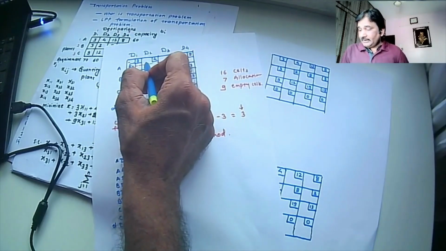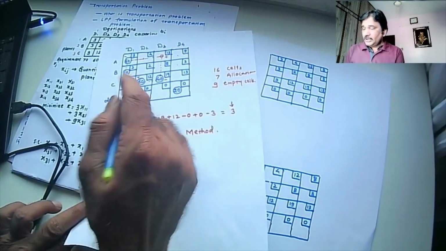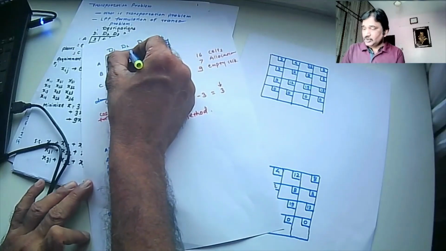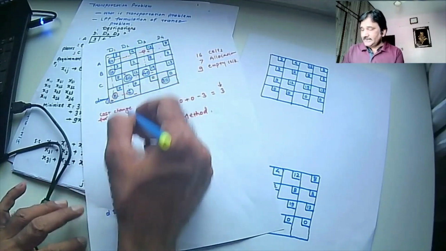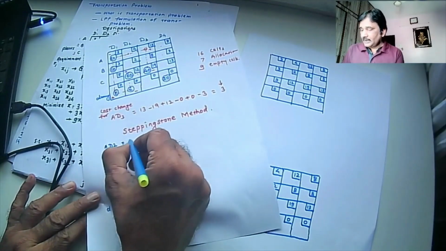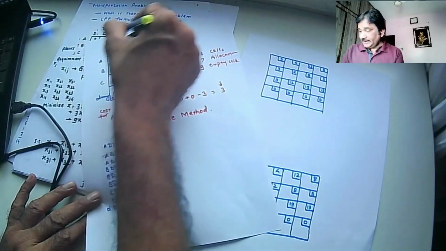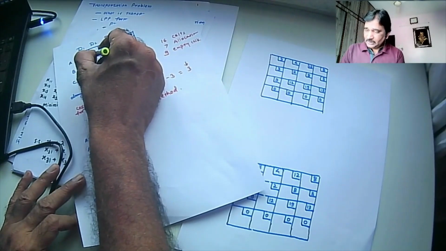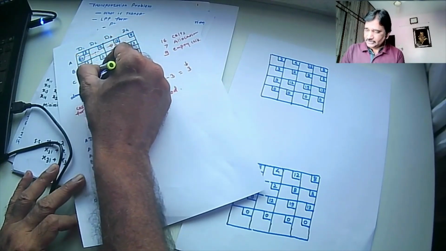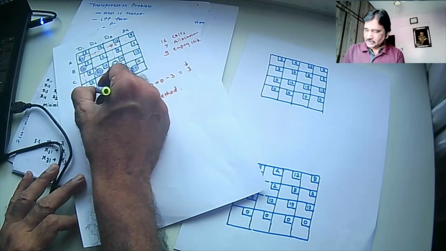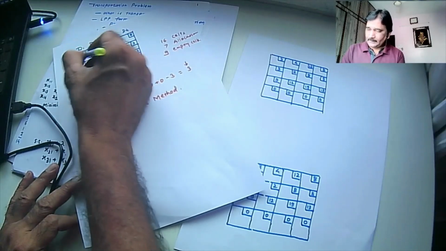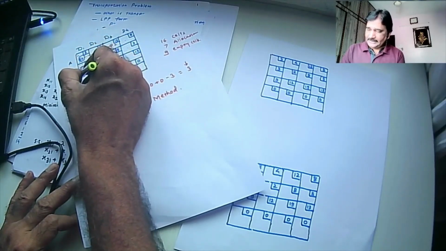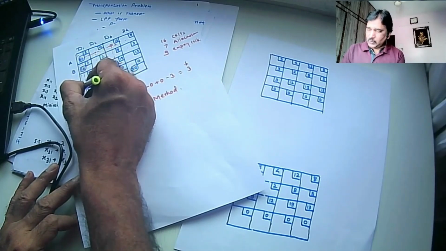And then if I want to find out the saving potential, what do I have to do? Plus 4 minus 0. So actually by drawing the quantity adjustment loop, which I may draw just for your reference, here it is the quantity adjustment loop for cell AD2.